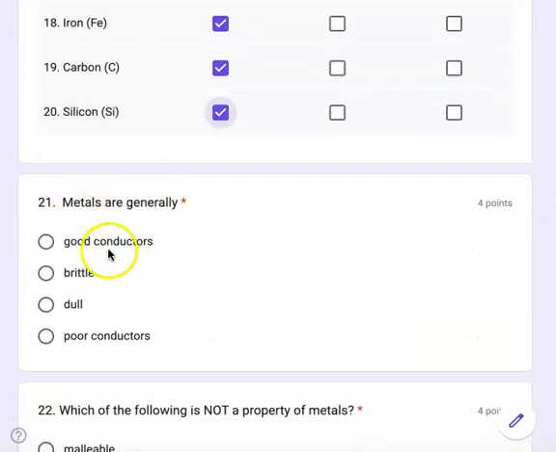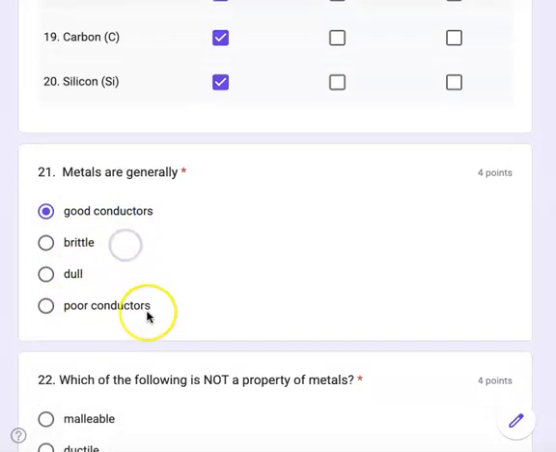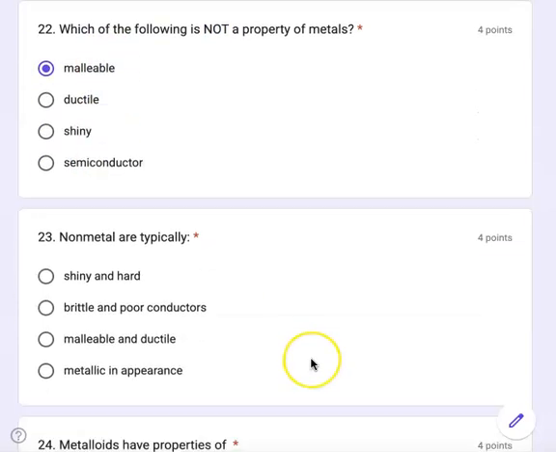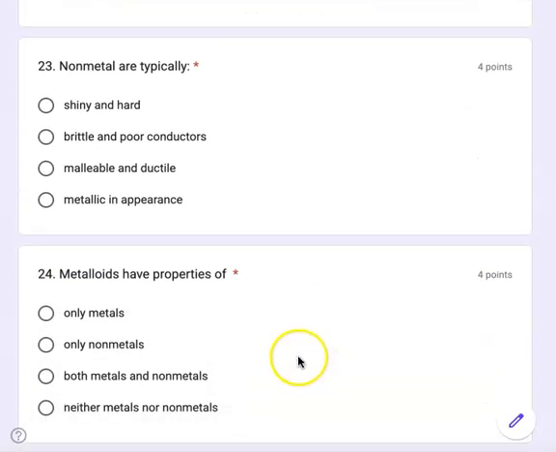21. Metals are generally good conductors, brittle, dull, poor conductors. 22. Which of the following is not a property of metals? Malleable, ductile, shiny, semiconductor. 23.